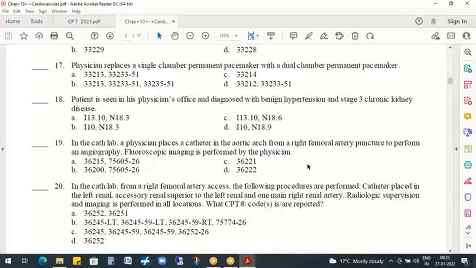Read the code description so you will get it. 33213. Slowly you can analyze the table.